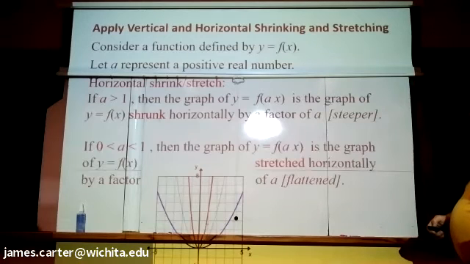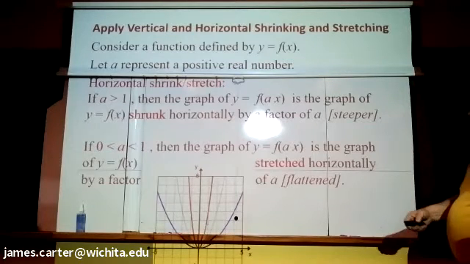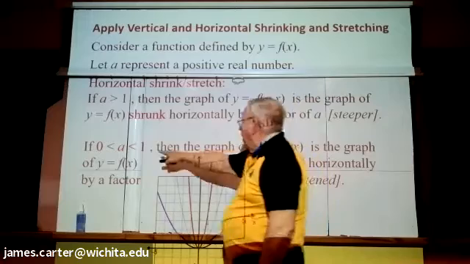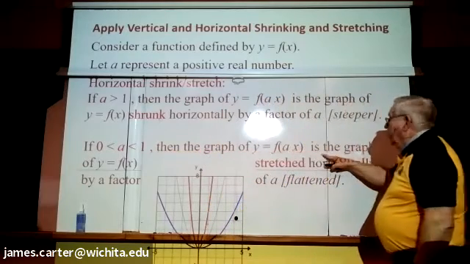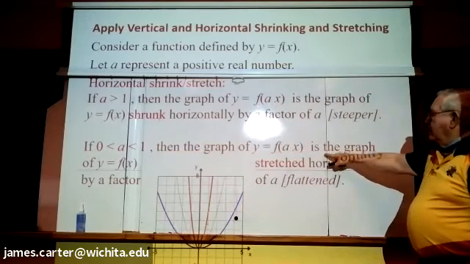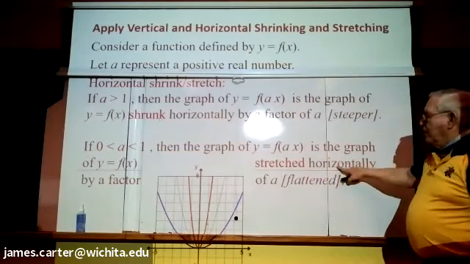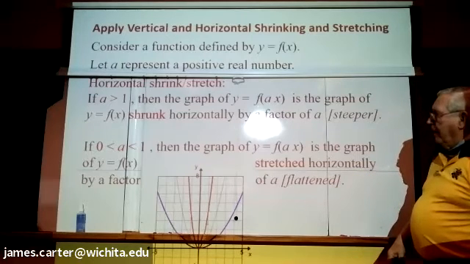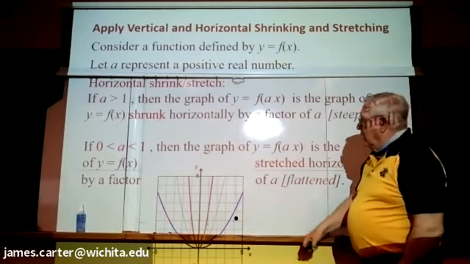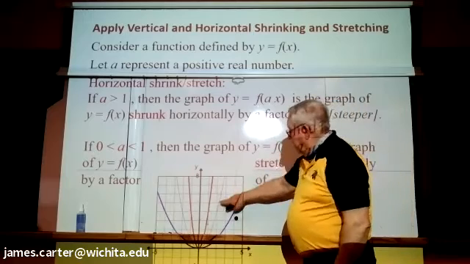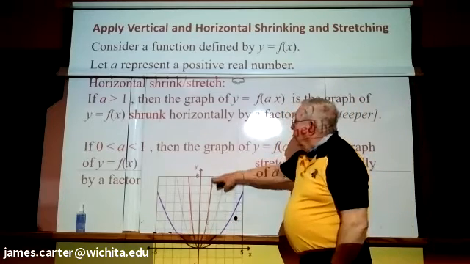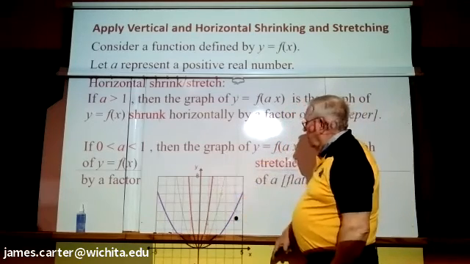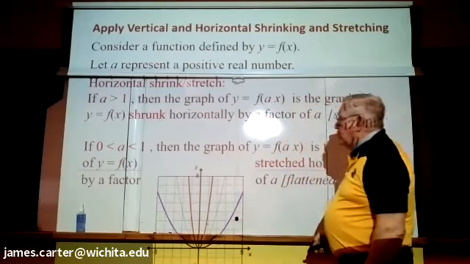In other words, it's going to be steeper. Here, if it's a fraction, then this is going to be stretched horizontally, or flattened. And again, we have our base curve here, and then this one is the fractional one.